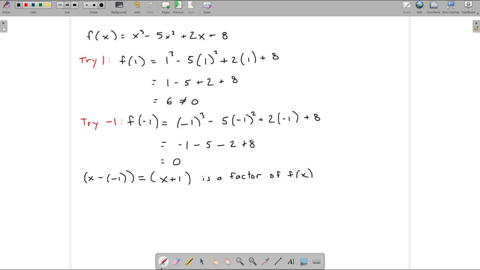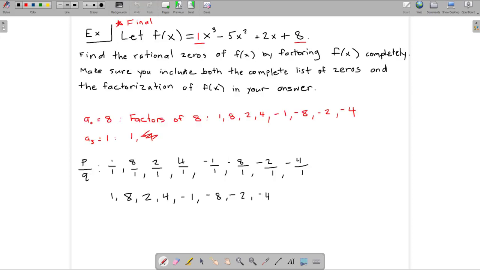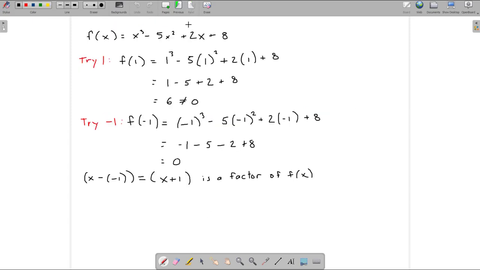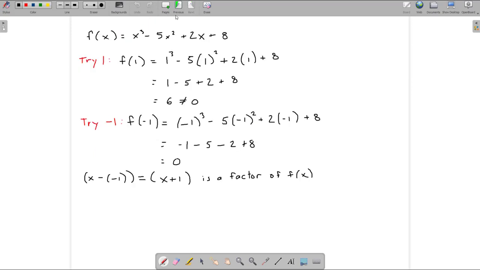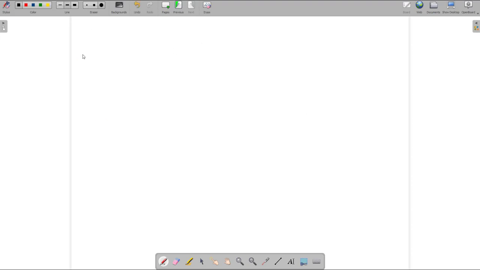Okay, and so like I said earlier, you could continue to test all of your possible zeros, and once you've tested all of them, you know which ones are zeros, or you can divide this factor out. That's the method that I'm going to do for this example, but worst comes to worst, you can always try all of them and figure out all the zeros that way and write the factored polynomial. But let's go ahead and do synthetic division on this example.